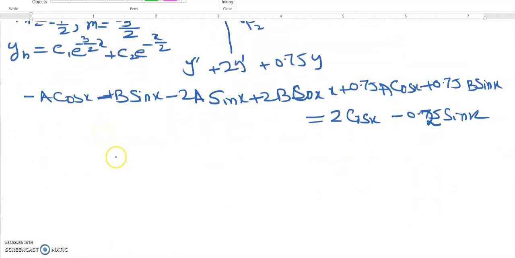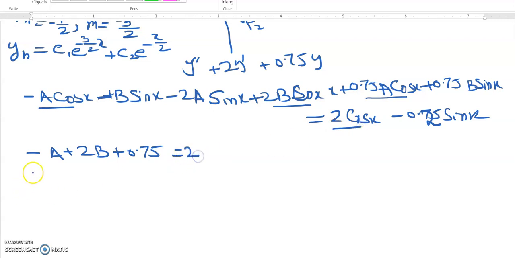Now we have to compare the coefficients of sine x and cosine x. Here we will take the cosine x terms first. So what are these terms? Minus a plus 2b plus 0.75a, and the coefficient of cosine x on the right is 2, so that is equal to 2.